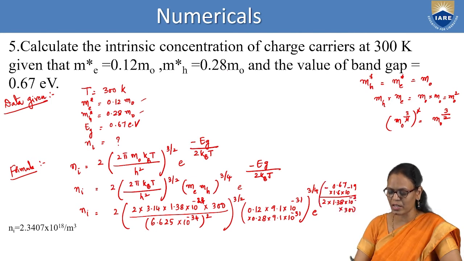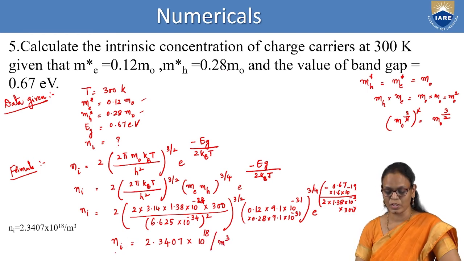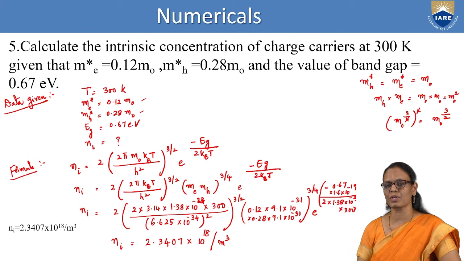So all this is the exponential term. So simplify, we get Ni is equal to 2.3407 into 10 power 18 per meter cube. So the number of charge carriers per unit volume is given by 2.3407 into 10 power 18 per meter cube.